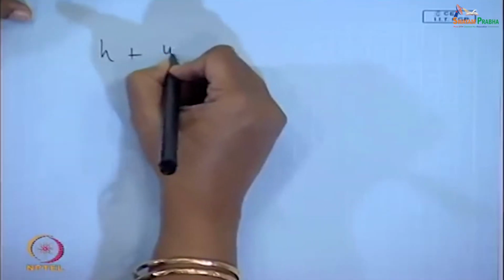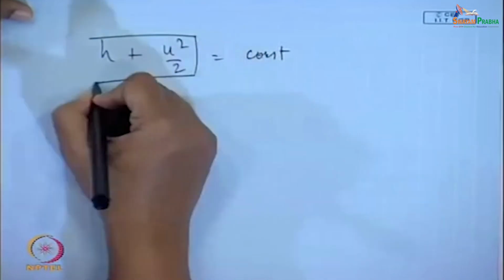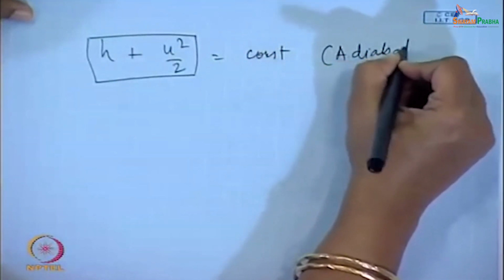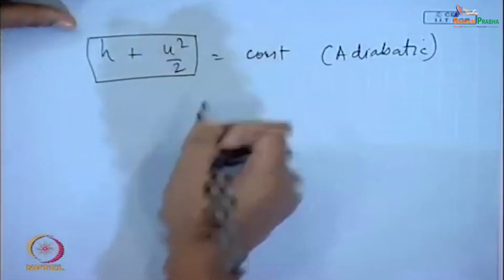Do you get the point? So, we can write it down in this particular form that for all these circumstances, for adiabatic flow, this particular term is constant. This we can write, is not it?